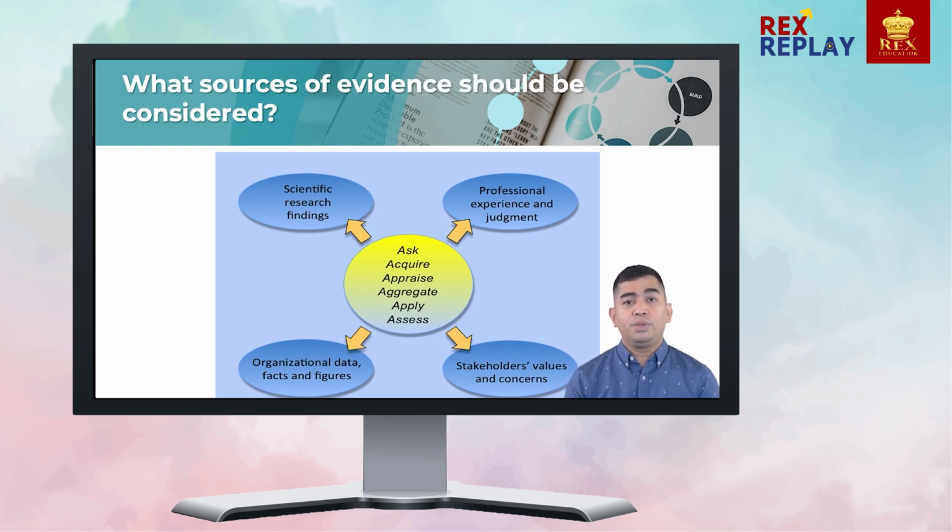Of course, you have to factor in your professional experience and judgment. Third, your organizational data, facts, and figures are very important to look keenly at the things happening in your context. And lastly, to look at the stakeholders' values and concerns.